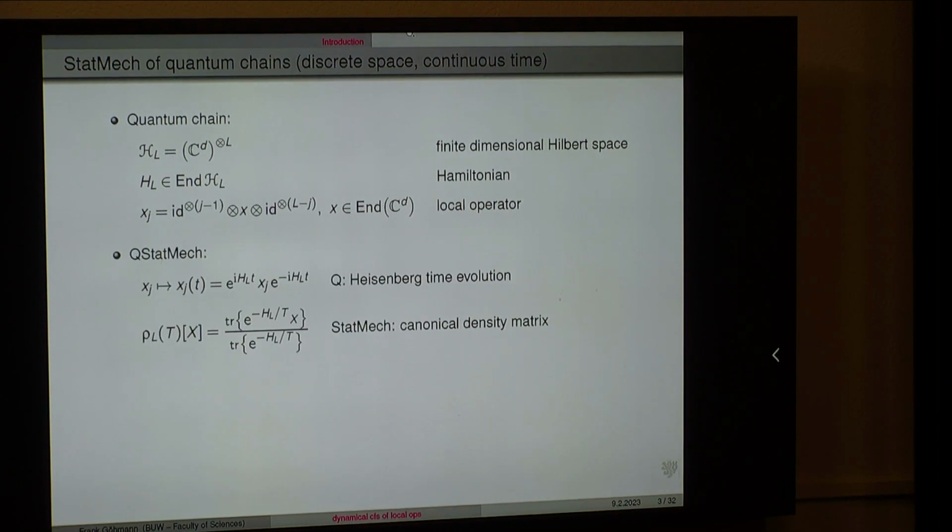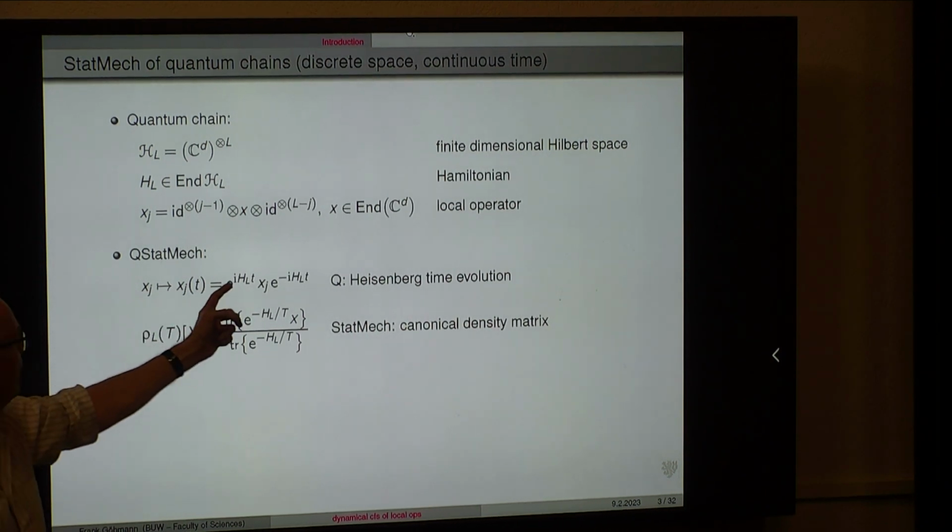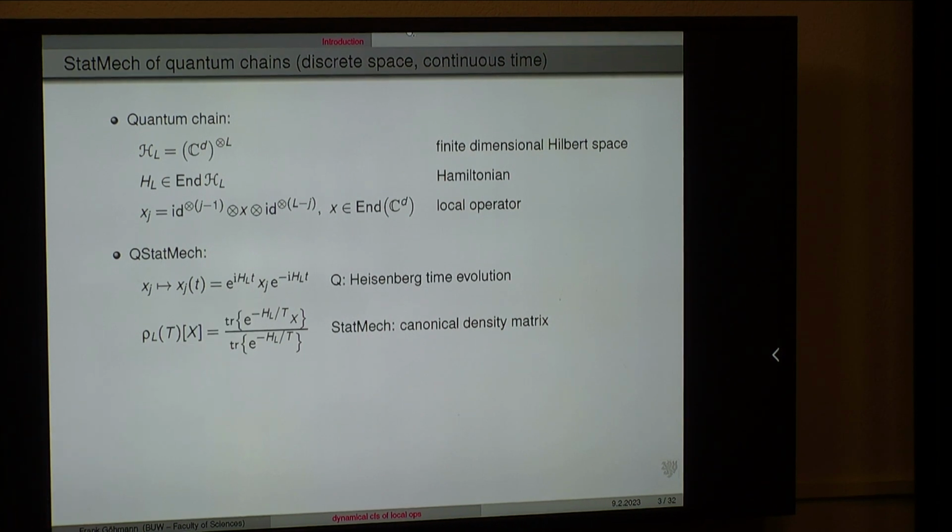So then, what is quantum statistical mechanics? Once you are given a Hamiltonian and the space of local operators, so you can multiply and add them, they give you an algebra. Then you want to know how the local operators evolve in time. They do that by Heisenberg time evolution, by the adjoint action of the time evolution operator e to the iHt.